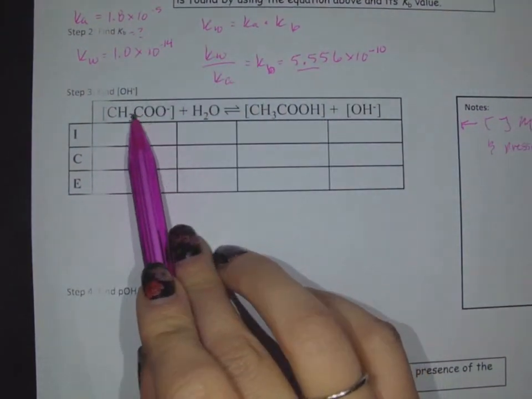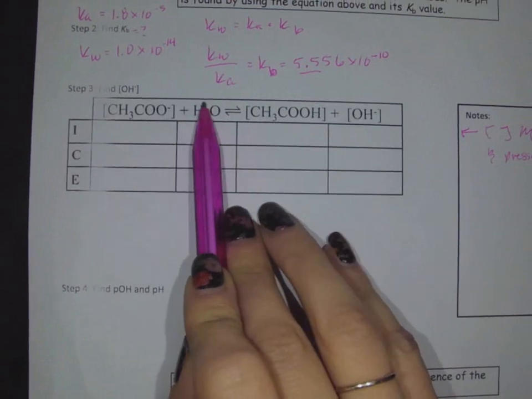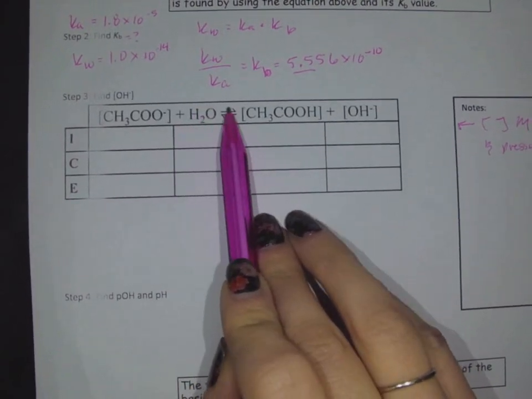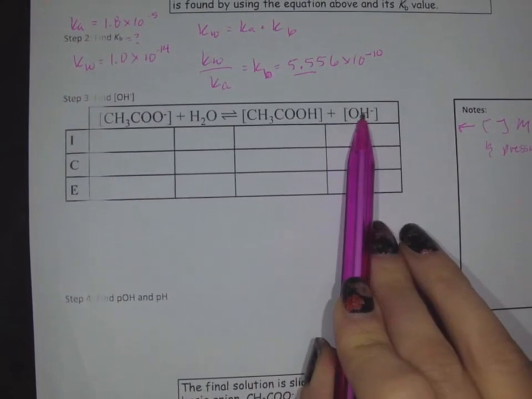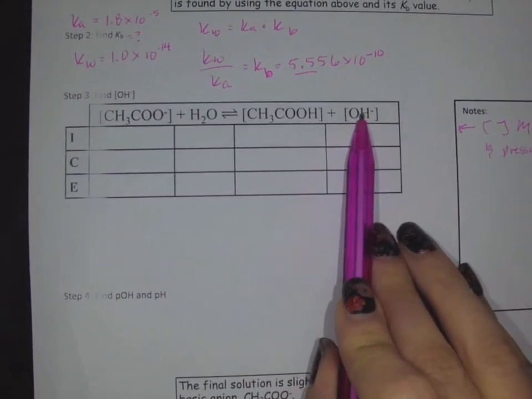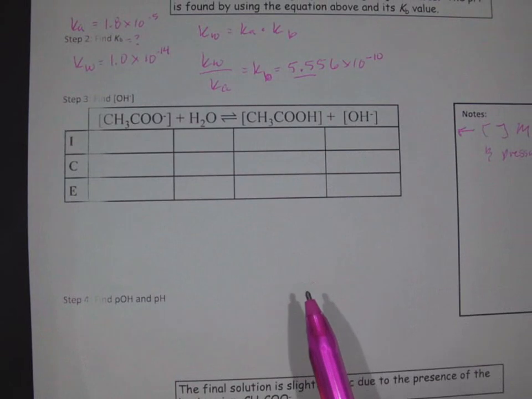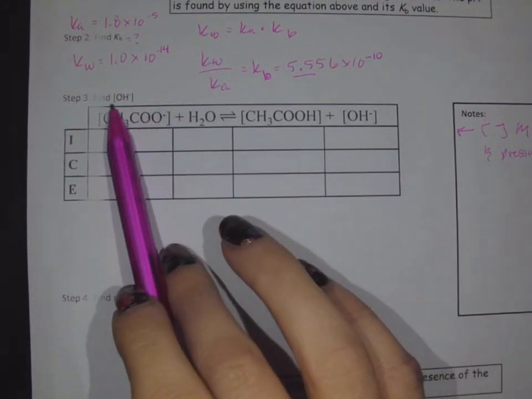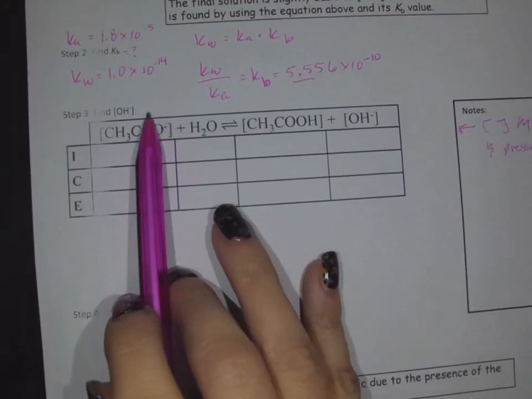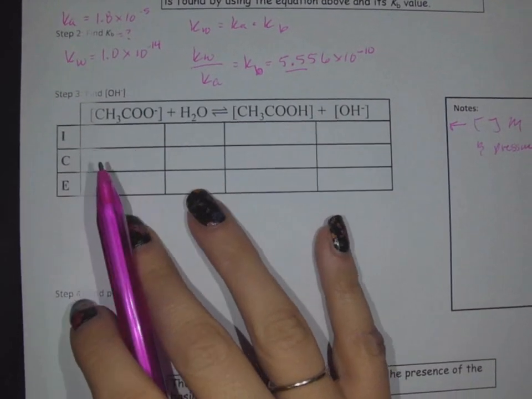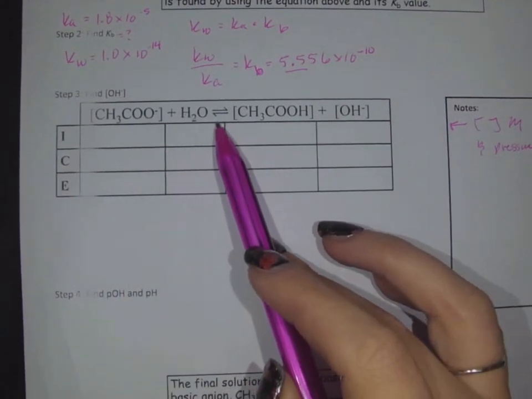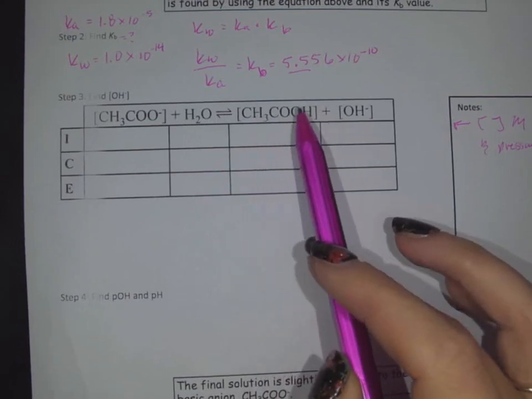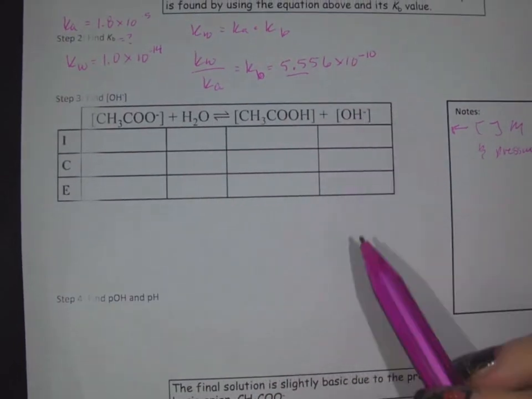So this base can react with water, and that can produce the weak acid and some hydroxide. Okay? So when we have some conjugate base within the water, a small amount of it can react and produce the weak acid and hydroxide. Okay?